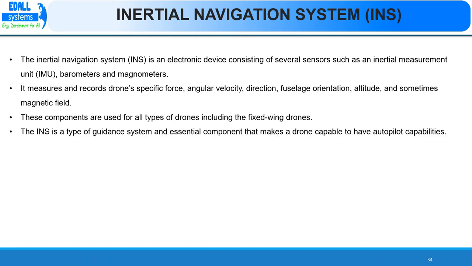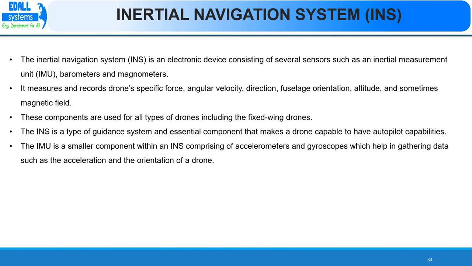The inertial navigation system is a guidance system that enables the drone to have autopilot capabilities. The inertial measurement unit, IMU, is a small component inside the inertial navigation system which consists of accelerometers and gyrometers which help in collecting data such as acceleration and orientation of a drone.